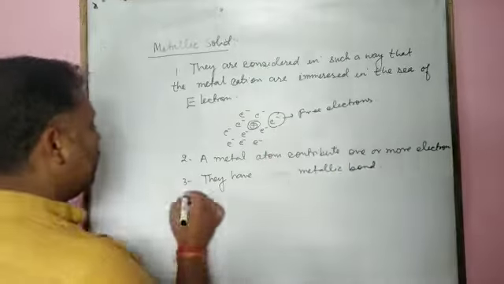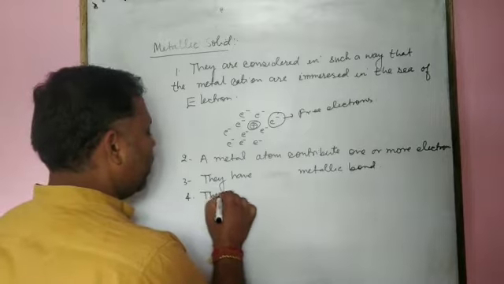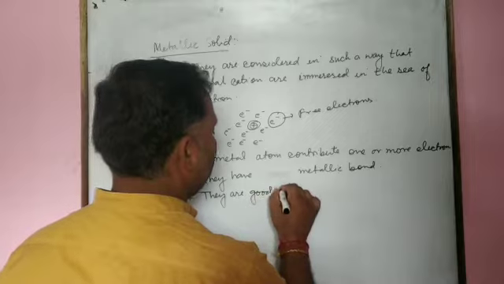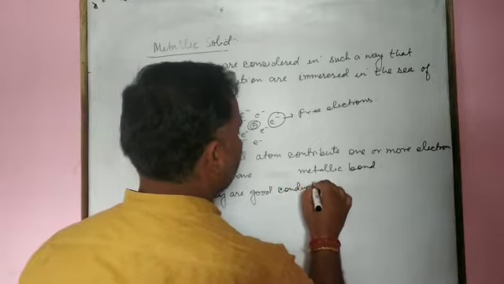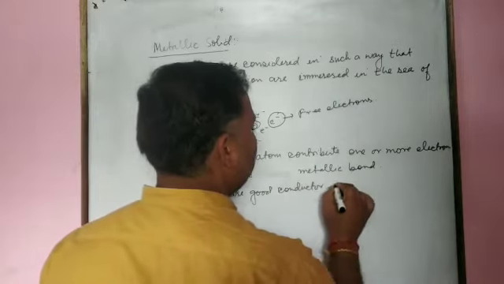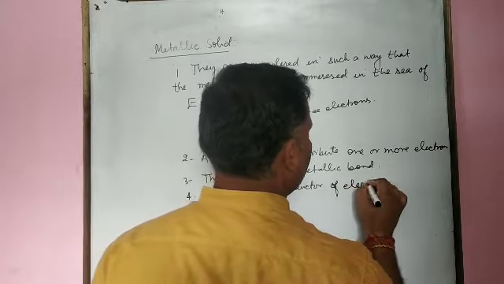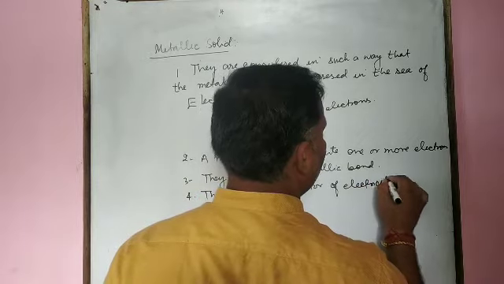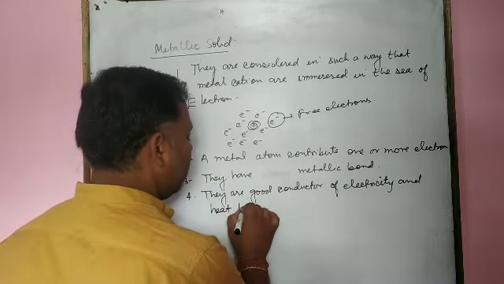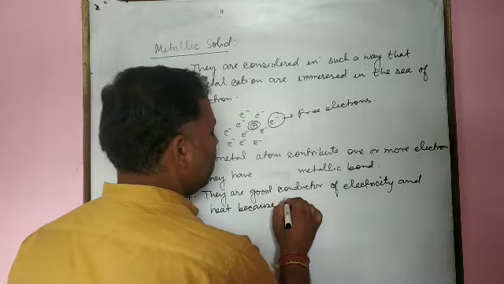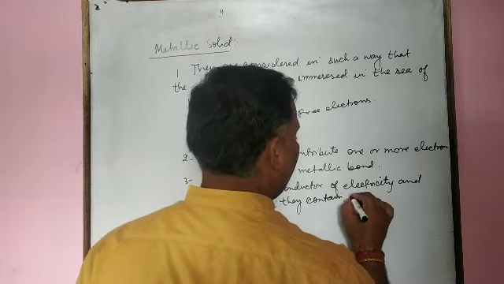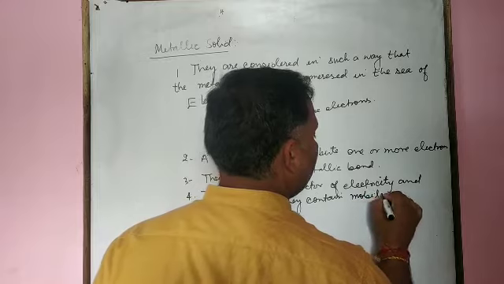It means, the next one is that they are good conductor of electricity together with heat. They are good conductor of electricity and heat because they contain mobile electrons.